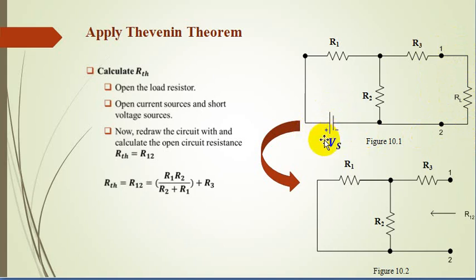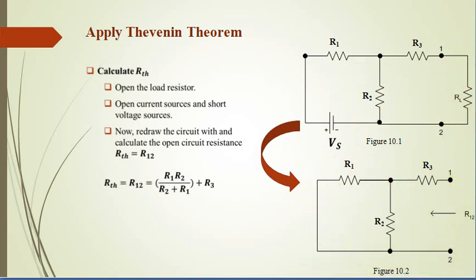In your lab task you have a voltage source, so you short circuit it and remove the RL resistance, which is the load resistance. Now redraw the circuit. Here you can see the new, modified circuit, in which your V source is short circuited and your load resistance is open.